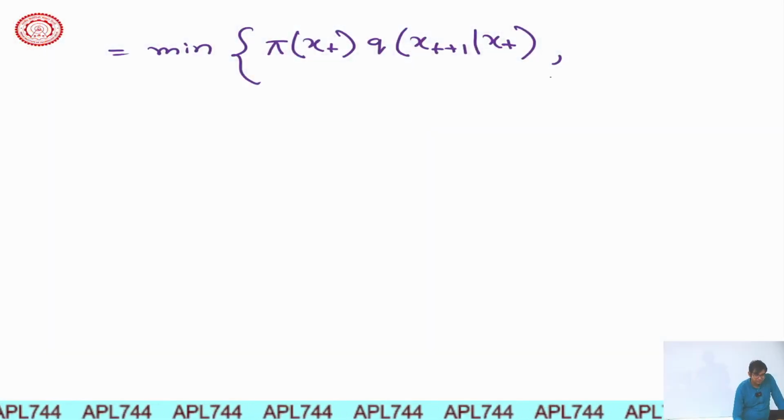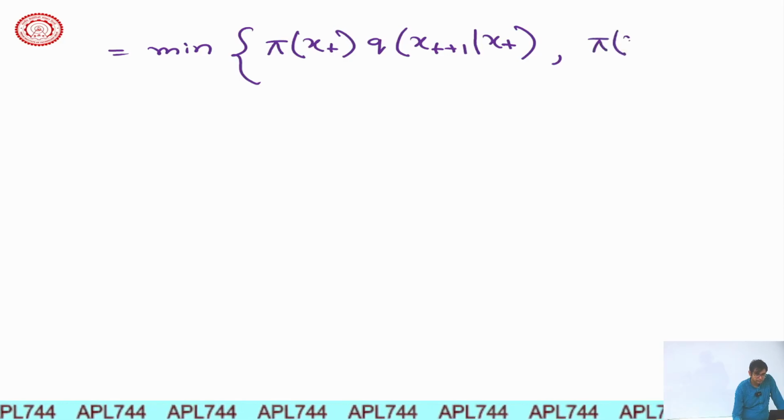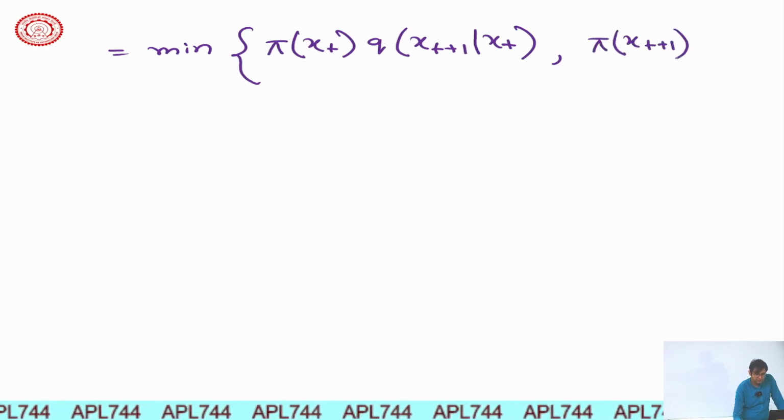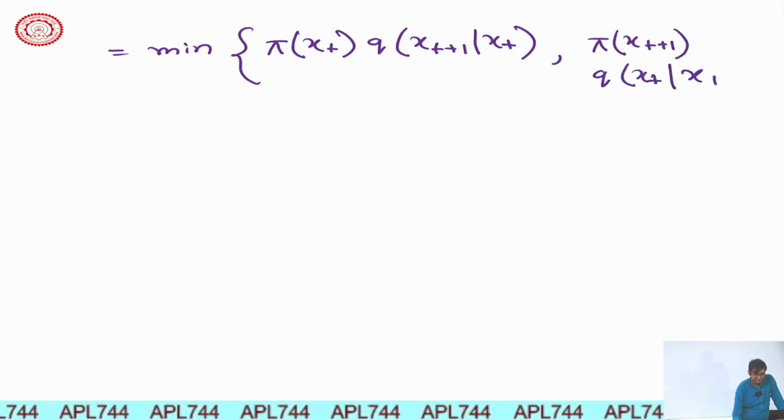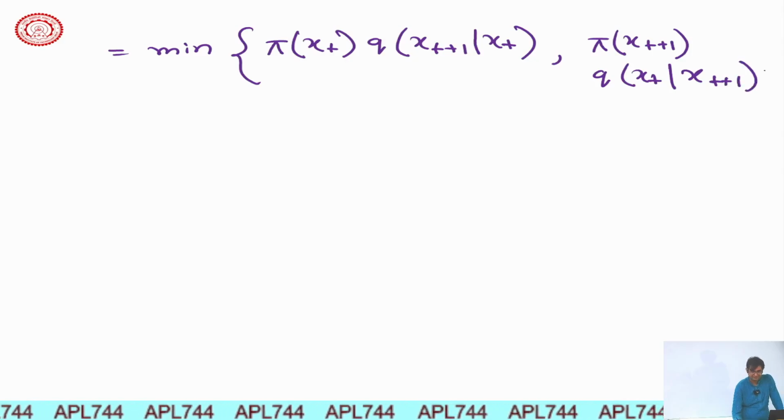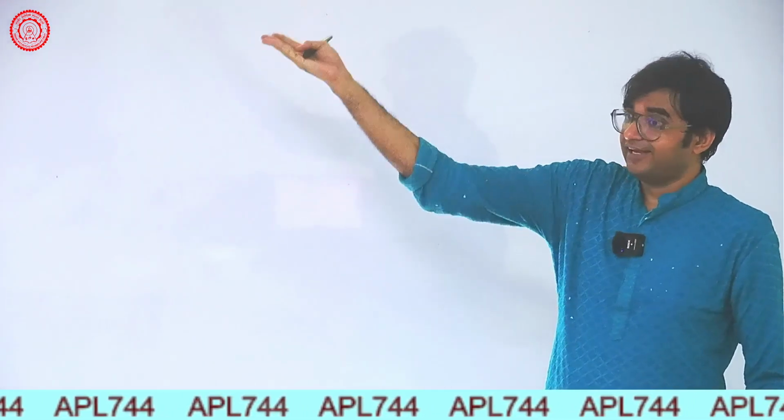Tell me. The second term, pi of xt plus 1 multiplied by q of xt given xt plus 1. The denominator basically cancels out. Correct? Clear? Now we will take the second term outside the minima.